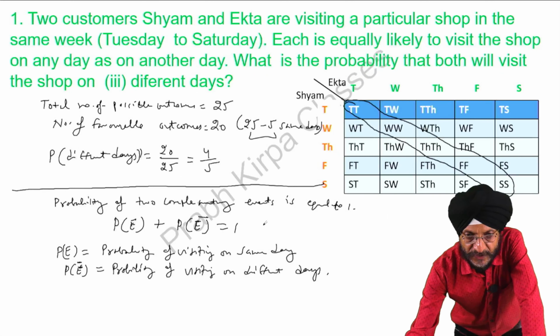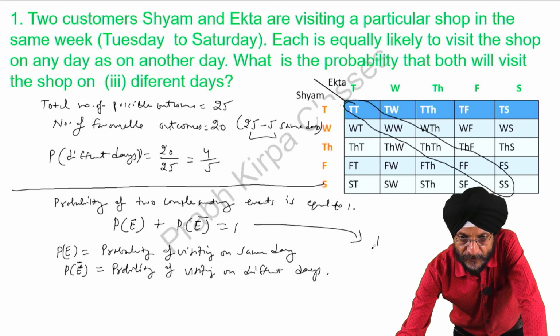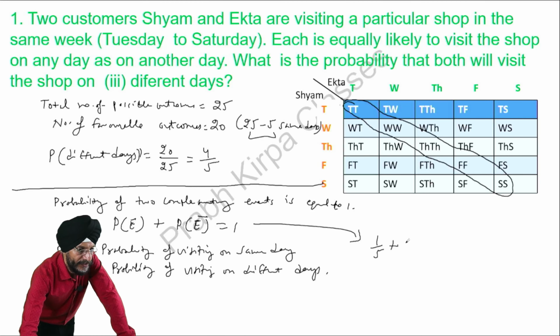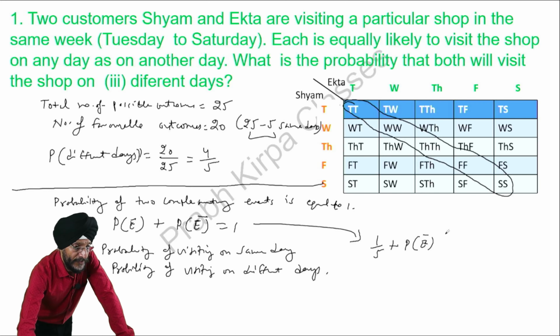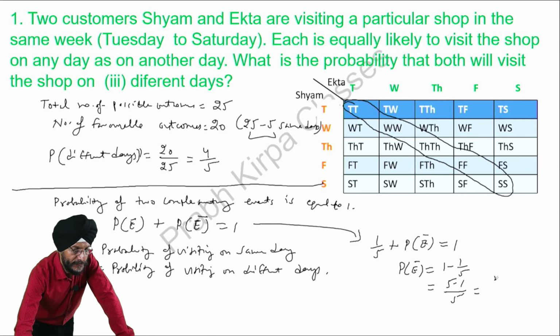So 1 over 5 plus the probability of visiting on different days is equal to 1. So the probability of visiting on different days is equal to 1 minus 1 over 5, it is 5 minus 1, it is 4 over 5.